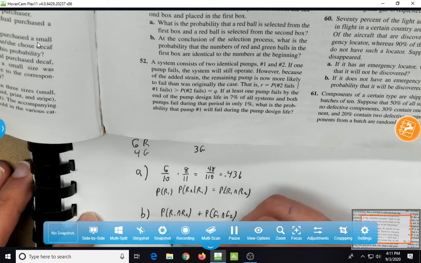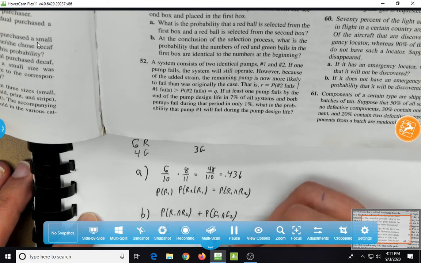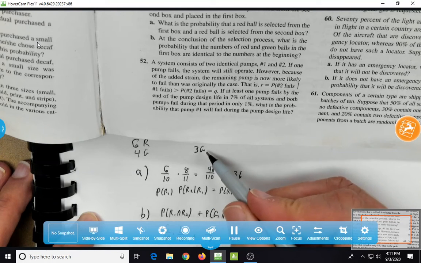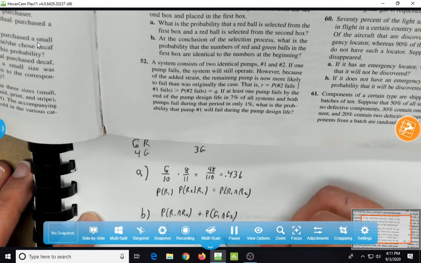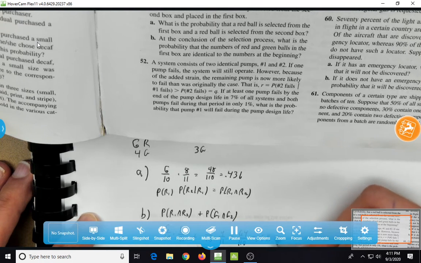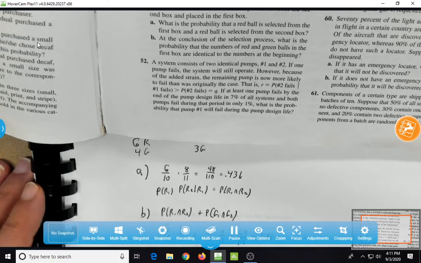So this would be 6/10 times 8/11. Now for the green, I have 4 out of 10 chances. I move a green ball over here, now I have 4 out of 11, and I can add those two together to get 64 out of 110, and get 0.581 for my probability.